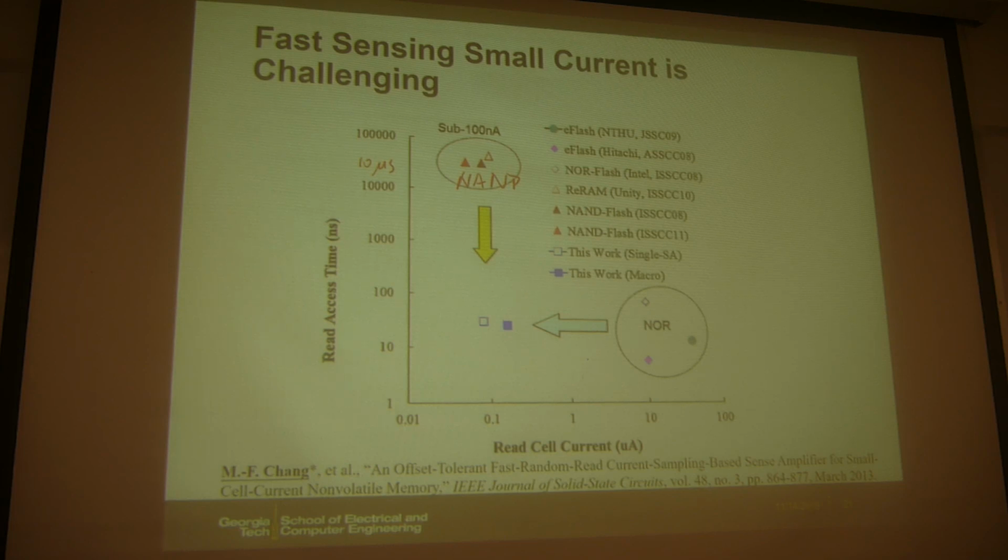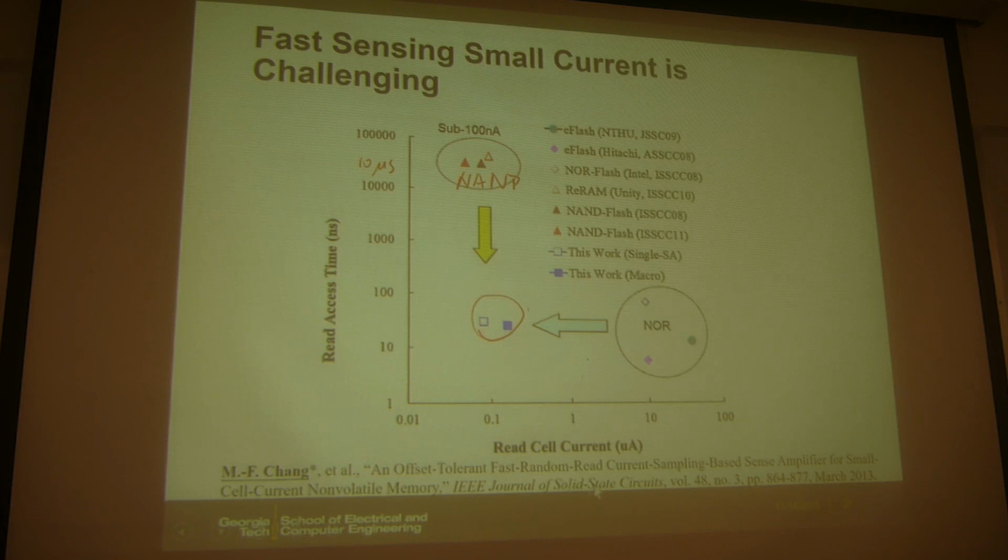So this is the trade-off. And basically this paper proposed some schemes to push the sensing speed. Even if you sense hundreds of nanoamp, you can still sense it within tens of nanosecond.